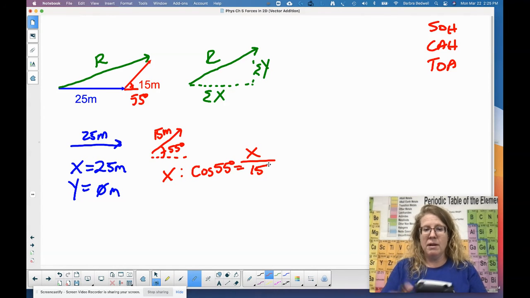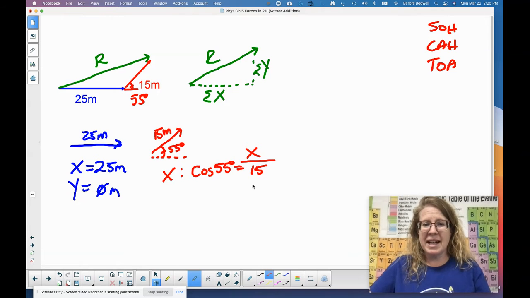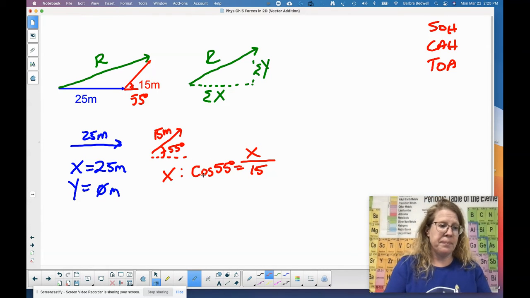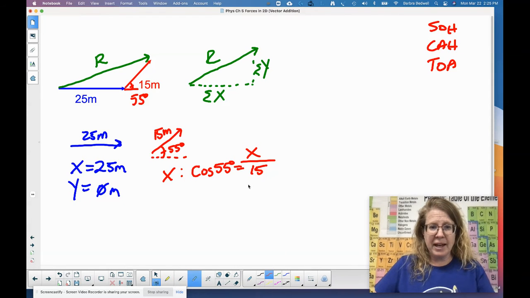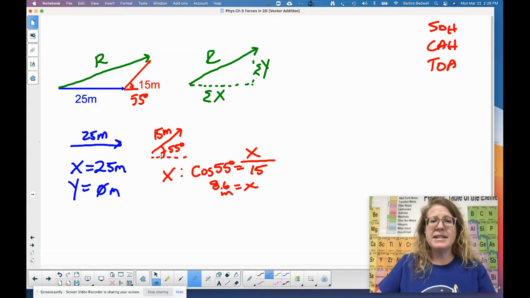Because we have 15 on the bottom, we multiply this side by 15, we multiply this side by 15. So our answer for that is, I'm going to do 2 digits for this one, 8.6 equals x. And this would be in meters. That tells me this side right here is equal to 8.6.